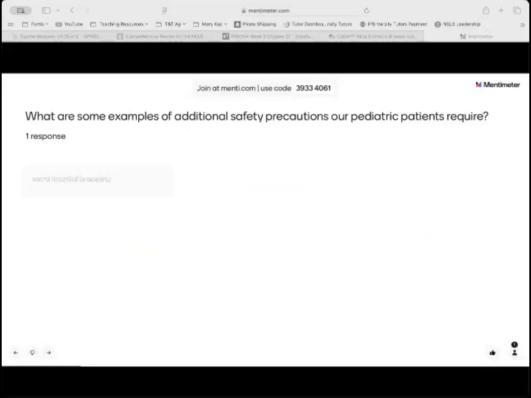Yep, our medications are dosed differently. We have to do that weight-based dosing. They have extra hospital bracelets. Yes, that's true. They have their patient bracelet, but then they have bracelets to match them to their parents. So we make sure that we're discharging them or providing information to the correct guardian. What else?